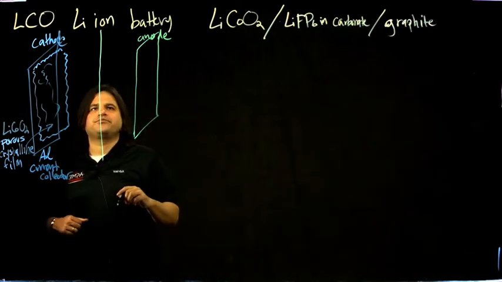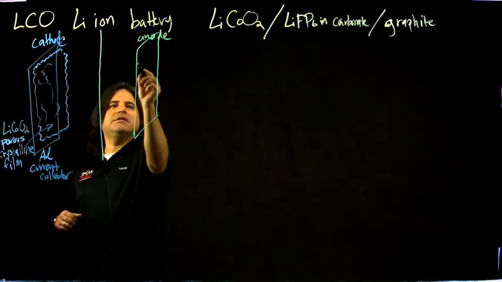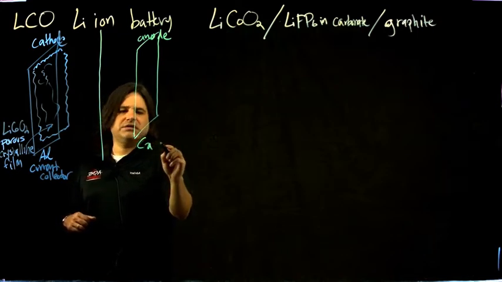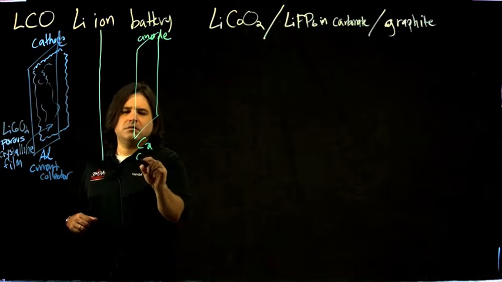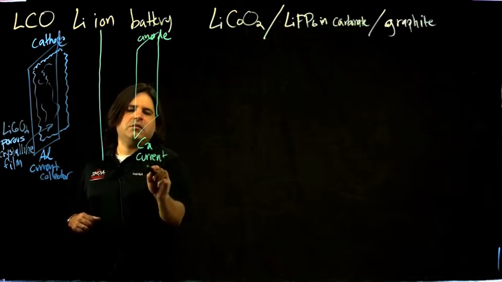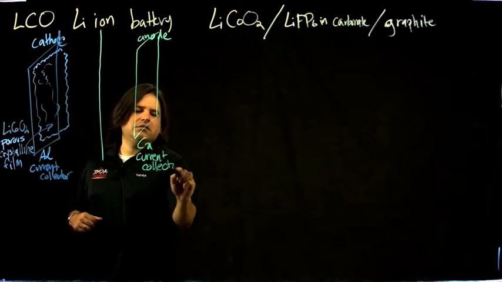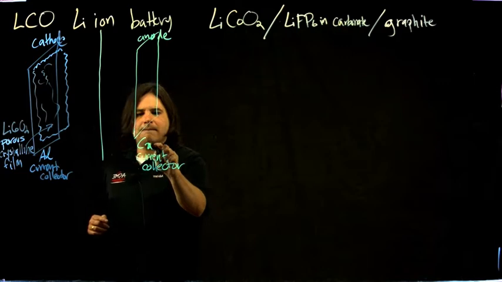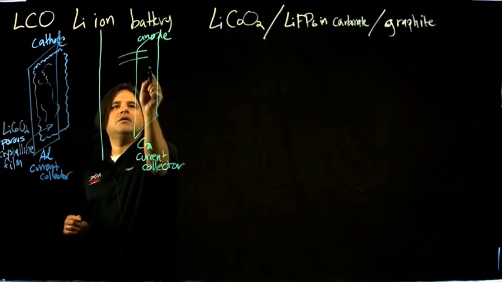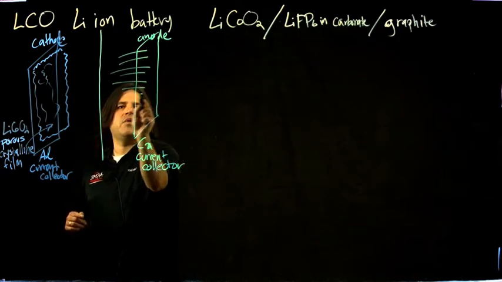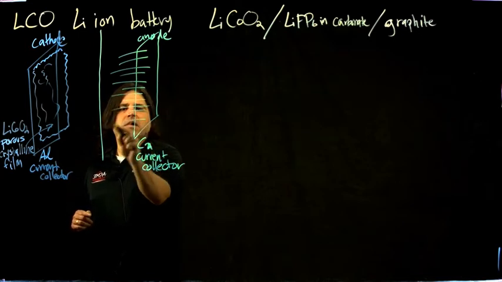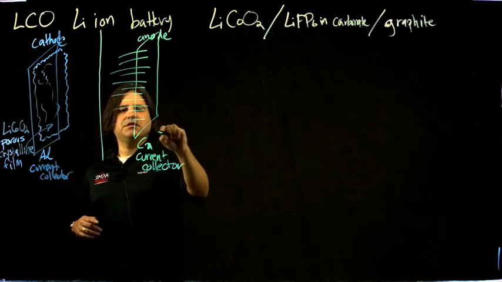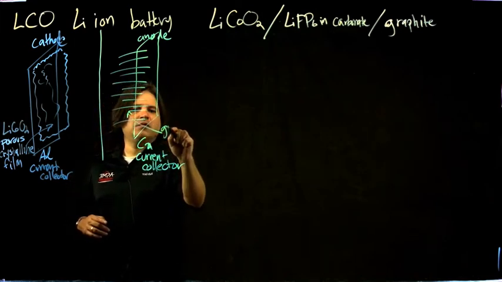This would be a copper current collector. It's kind of like the terminal for each cell, for each combination of half cells, copper, and then on that copper you have a film of graphite. It's a crystalline structure with a specific arrangement of layers. So this would be the graphite film, also porous.